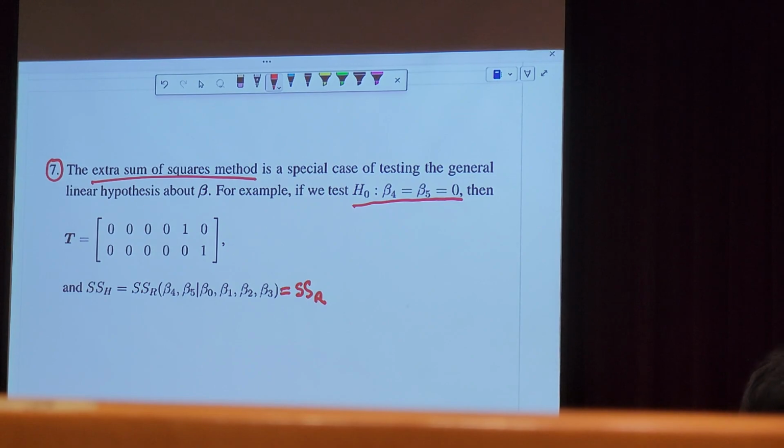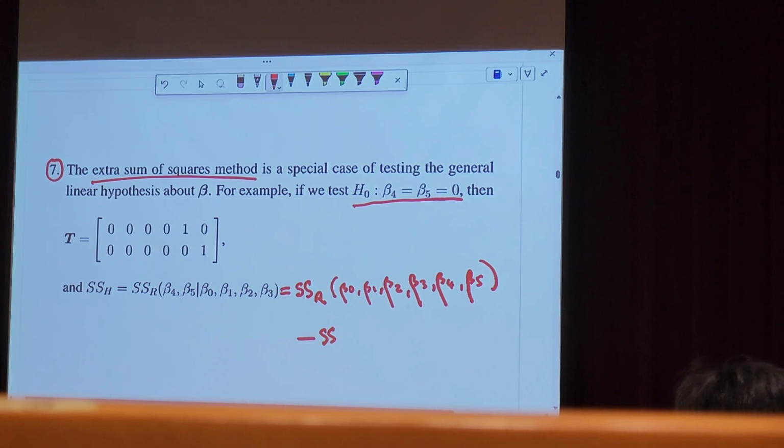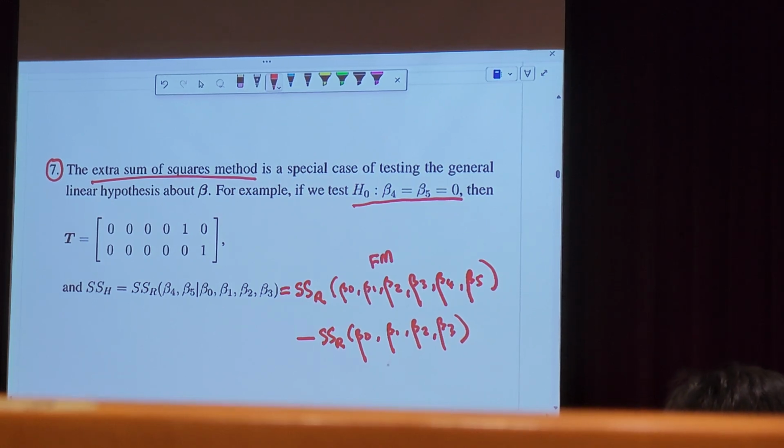It is this one, right? So what is this one? Let me write down: SSR of beta naught, beta 1, beta 2, 3, 4, 5, minus SSR of beta naught, beta 1, 2, 3. So this is our full model. This is our reduced model.